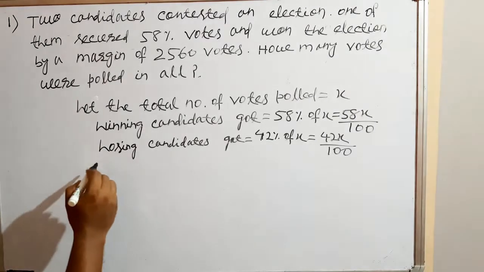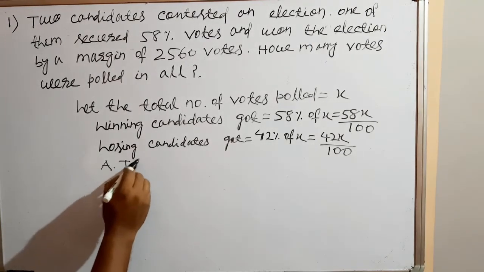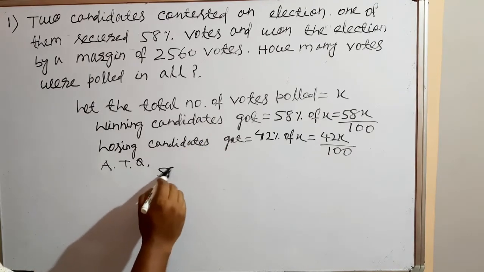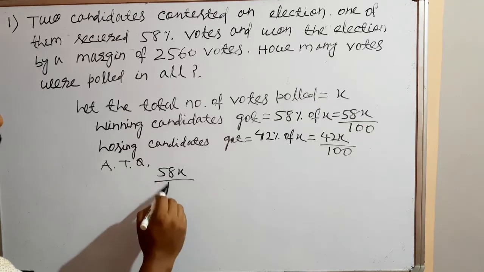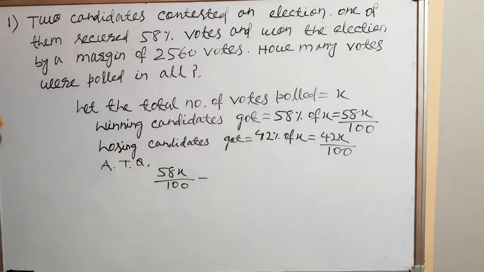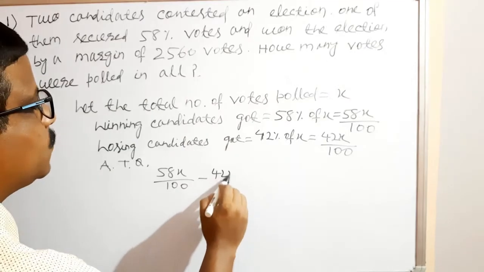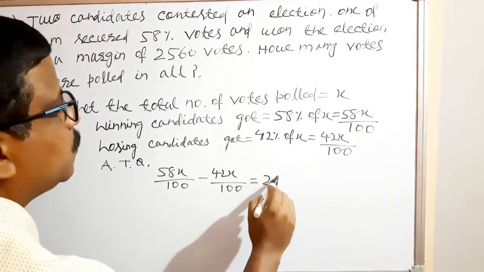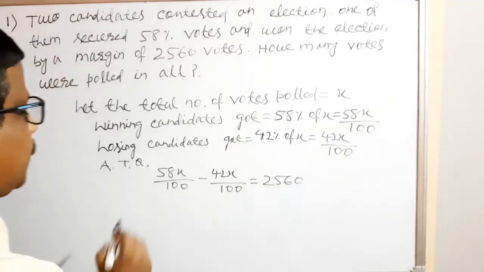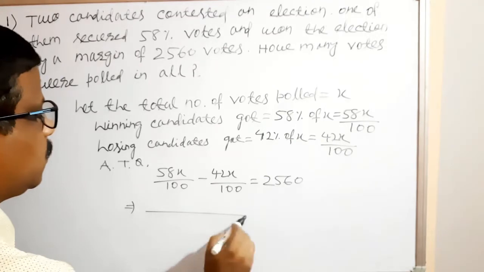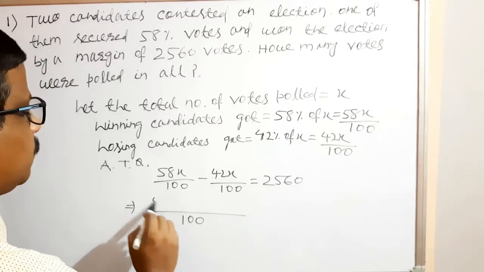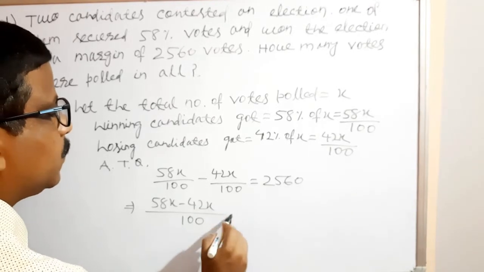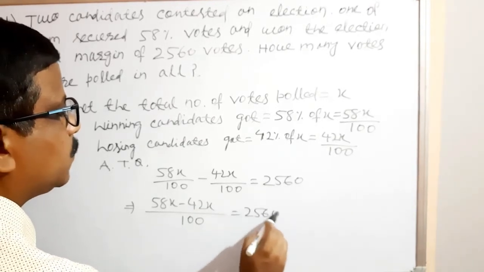So according to the question, the winning candidate's vote 58x by 100 minus the losing candidate's vote 42x by 100 is equal to 2560. Now you solve it. LCM is 100. 58x minus 42x is equal to 2560.